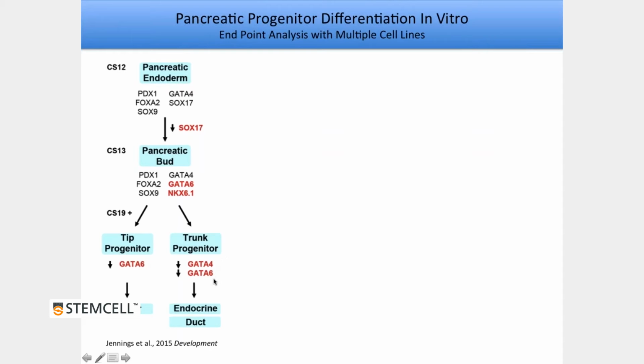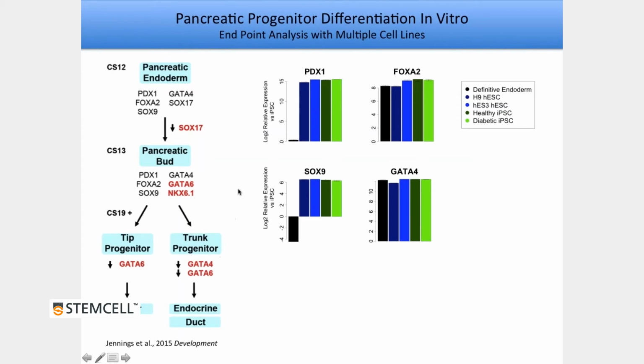What you can see here is the expression of 4 different genes, the log2 expression relative to iPS cells, in definitive endoderm and then in cells differentiated from 4 different cell lines.